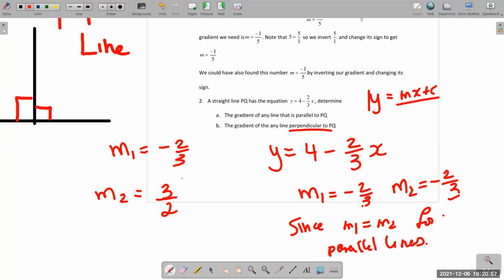Everybody see how we answered those two questions? You realize how we use the information from one line to determine information for another line. If the next line is parallel, it's equal. If the line is perpendicular, it would be the negative reciprocal.